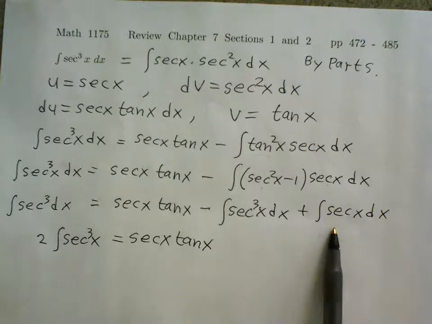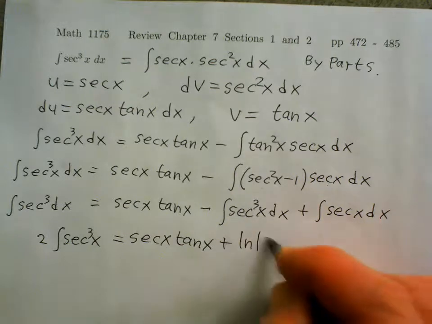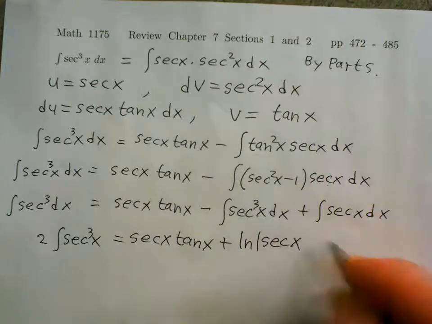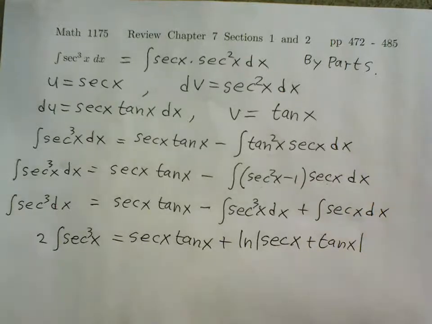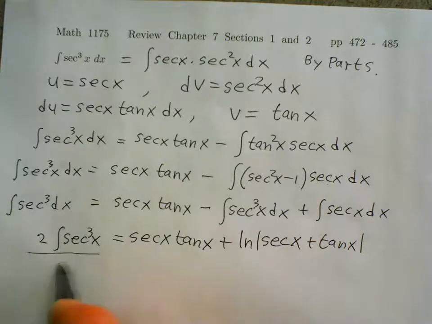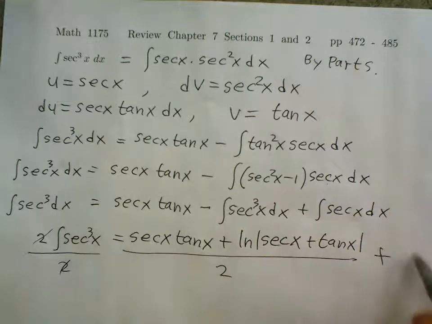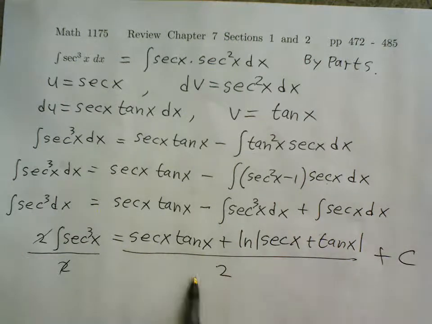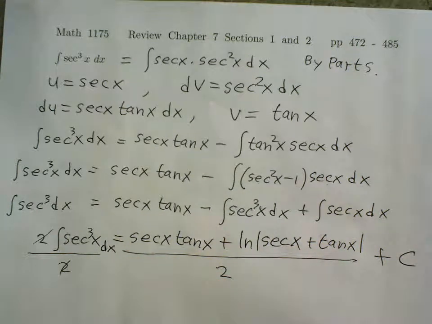The indefinite integral of secant of x is the natural log of secant of x plus tangent of x. And then lastly, divide everything by 2. So on the right-hand side, this is what we get for the indefinite integral of secant of x to the third dx.